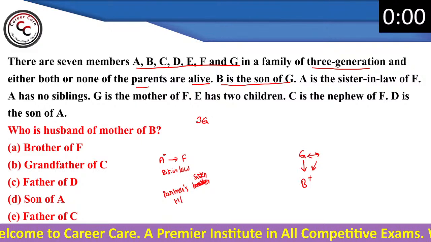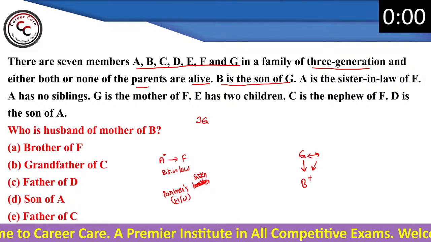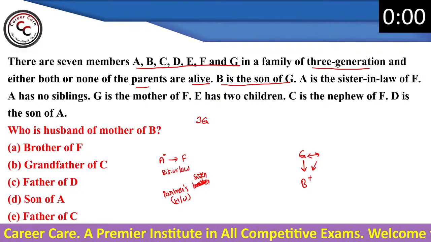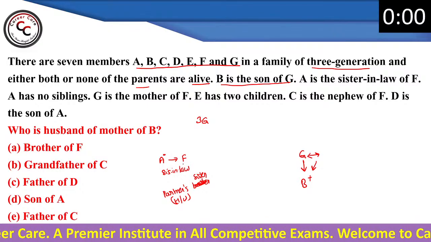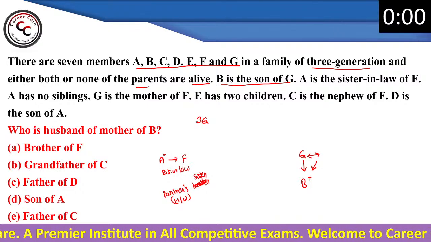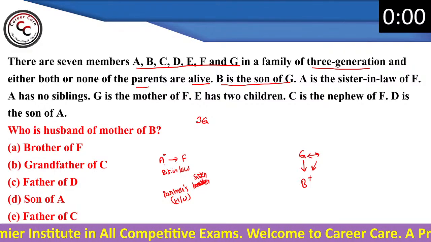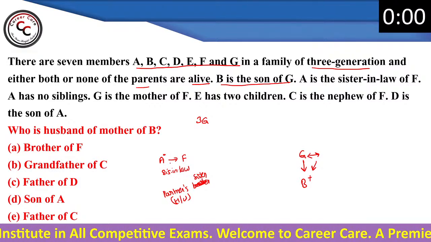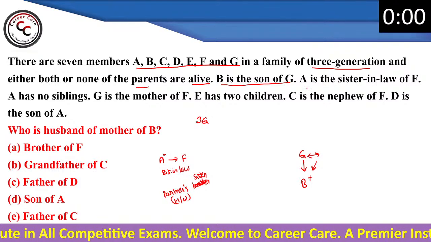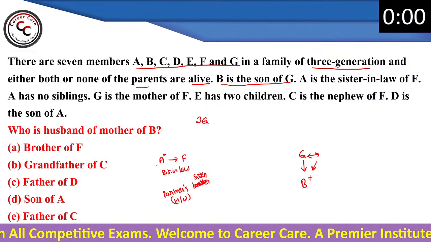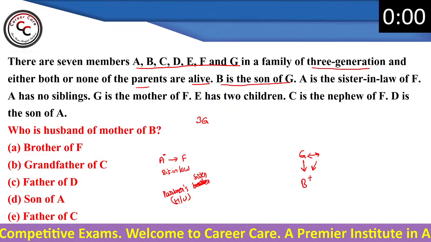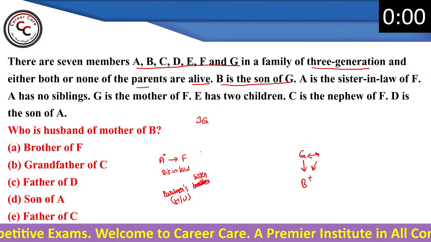Here partner means it can be husband or wife. That means this sister-in-law can be in 2 different aspects: F's partner and that partner's sister. Or F's husband's sister. So that's why I'm saying partner. It can be husband or wife.